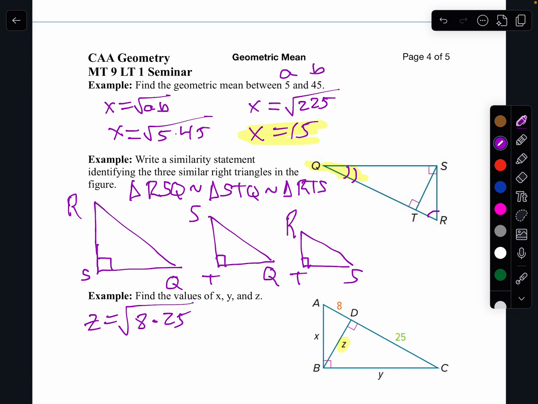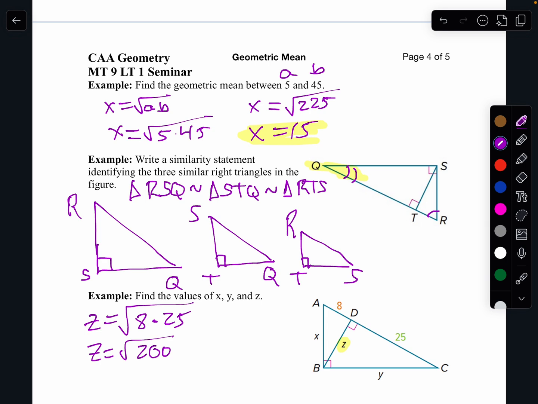That's 200. So I get the square root of 200. We're going to write the exact answer here, not a decimal.